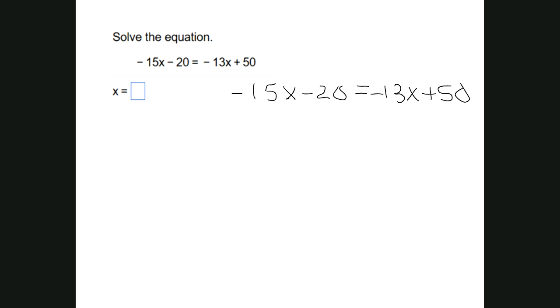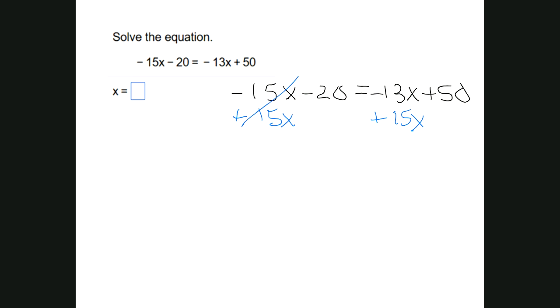So I'm taking a look at the negative 15x and the 13x. I am going to move my smaller number. Negative 15 is smaller than negative 13, so the opposite of negative 15 is a positive 15x. What I do to one side, I will do to the opposite side.